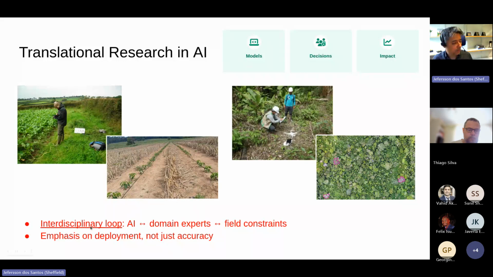So in general, in interdisciplinary research, you have AI, you have domain experts, and you need to interact with the experts to understand the field constraints. So it's much more than acquiring high accuracy in benchmarks.